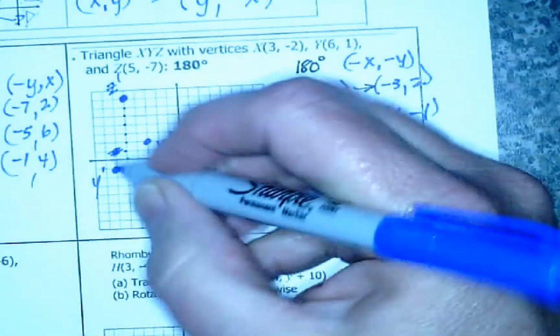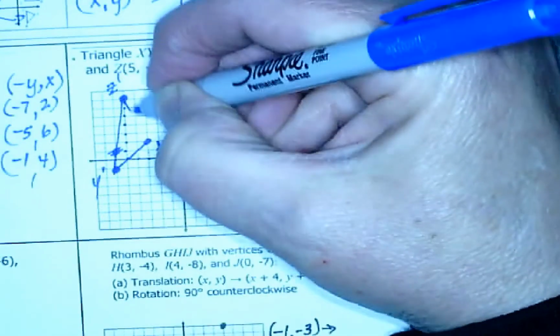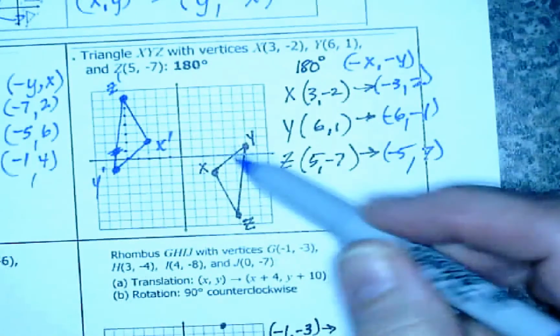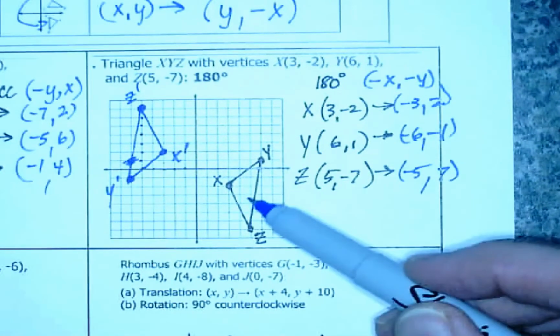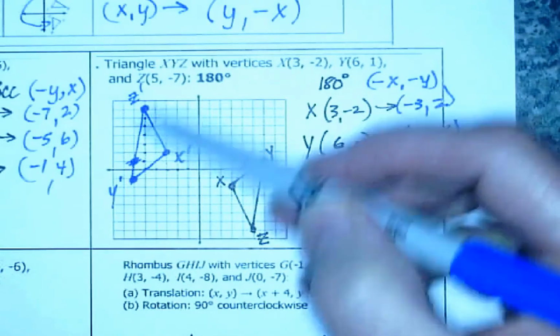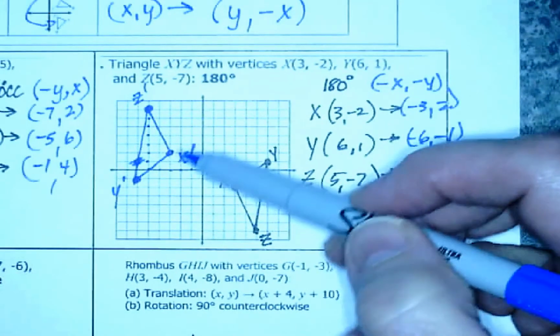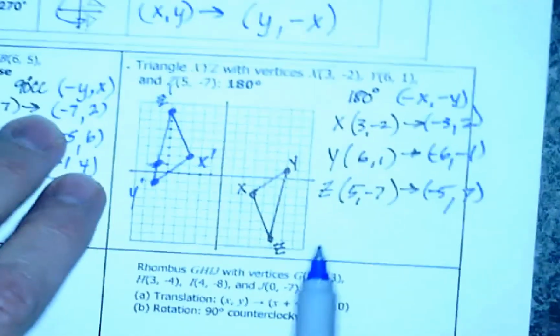Then when I connect those three points, I've got my image that I took from my pre-image that I've rotated 180 degrees counterclockwise. If you want to see it, let's do this.